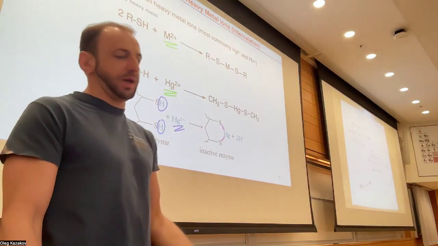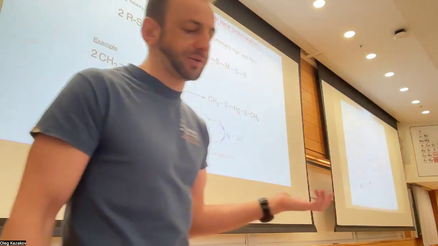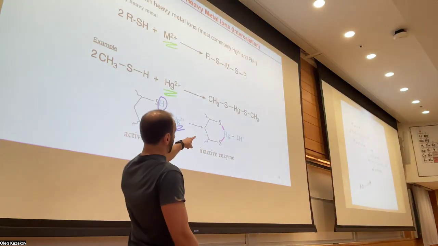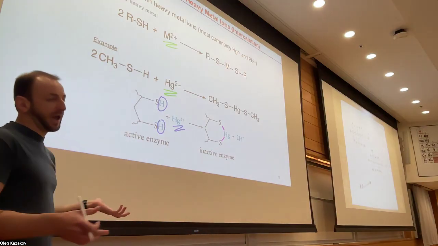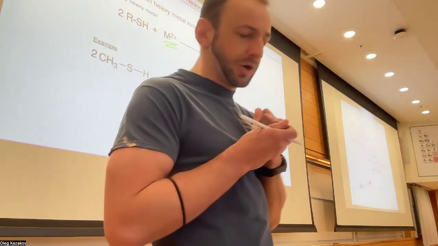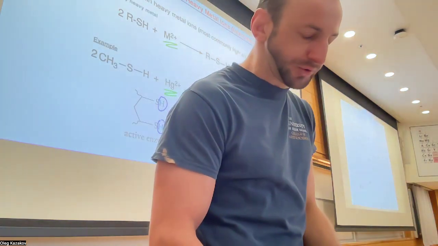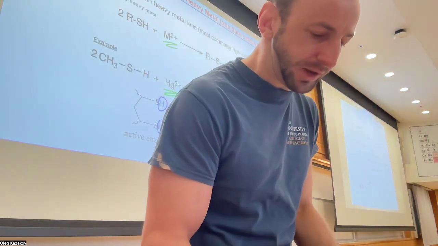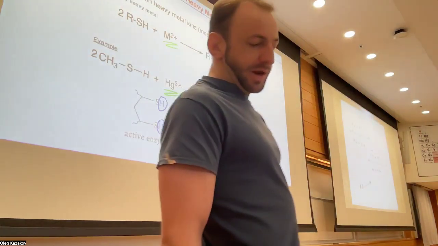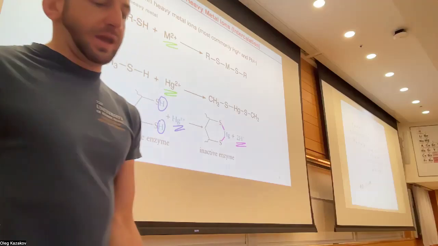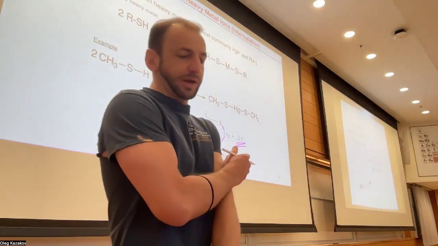Because Hg has a double charge, it is a divalent atom and can make two bonds to two sulfur atoms. As a result, you will also have the generation of two H pluses. That's what we will have in mind.